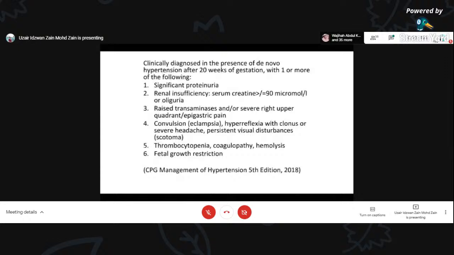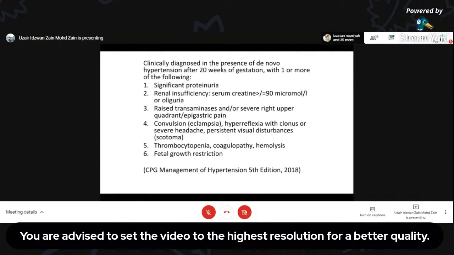But when you go through the CPG Management of Hypertension 2018, there are changes in how we define preeclampsia. If we look into the textbook alone, preeclampsia as per the definition before just said hypertension with proteinuria more than 300 milligram.